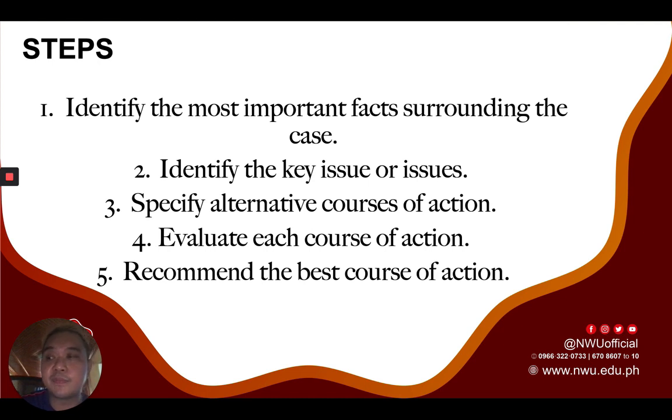Information systems problems in the business typically present a combination of management, technology, and organizational issues. When identifying the key issue or problem, ask what kind of problem it is. Is it a management problem?